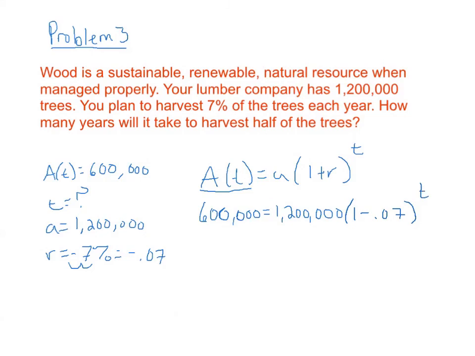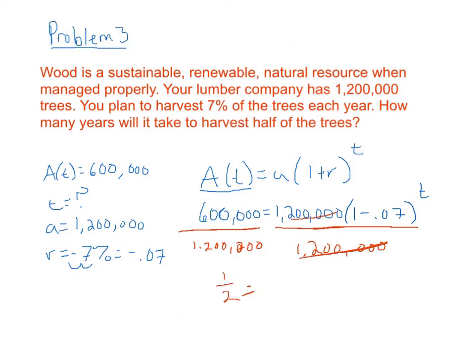So let's go ahead and do some reducing here. First, let's divide both sides by this 1,200,000. And we know 600,000 over 1.2 million is 0.5 or 1/2.